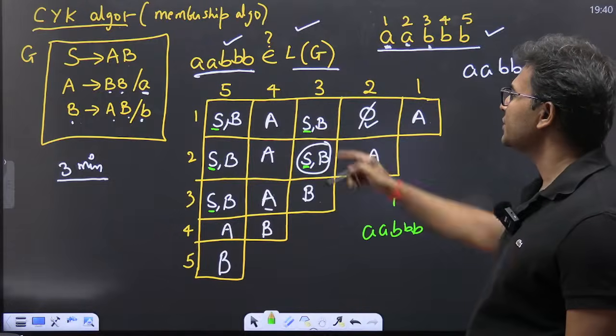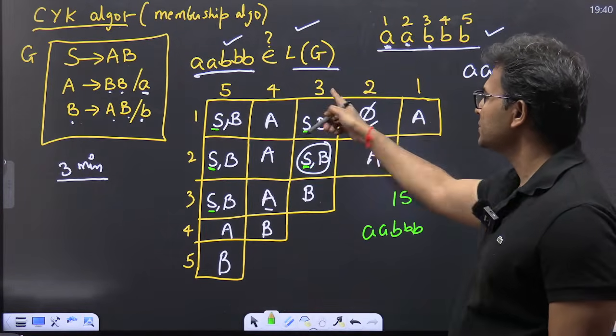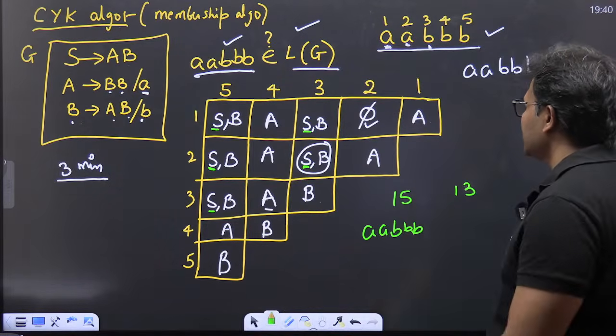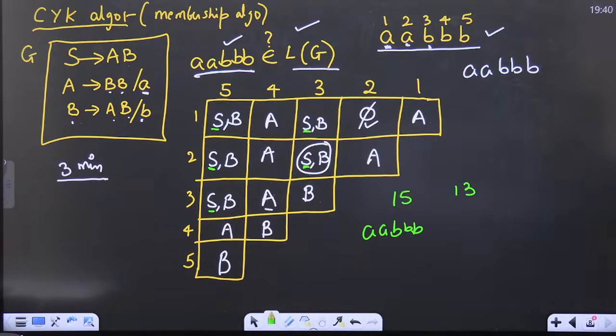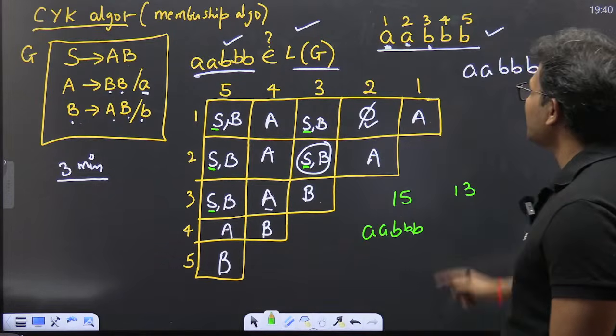Now here also there is S. Now what is that S? 1, 3. Here also there is S and the S is 1, 3. Now what is 1, 3? 1, 2, 3.